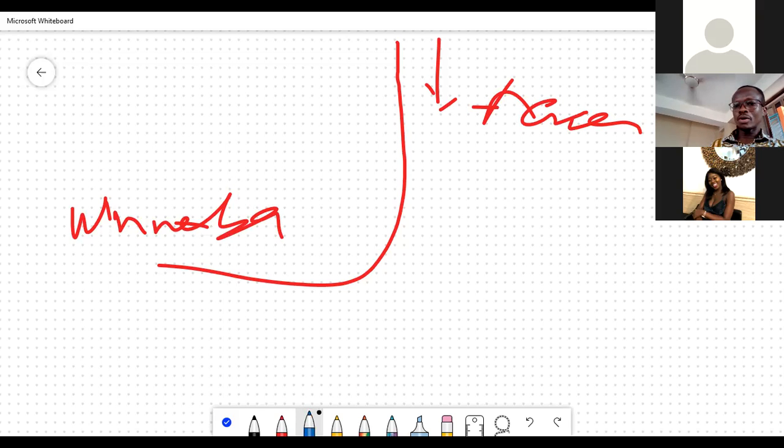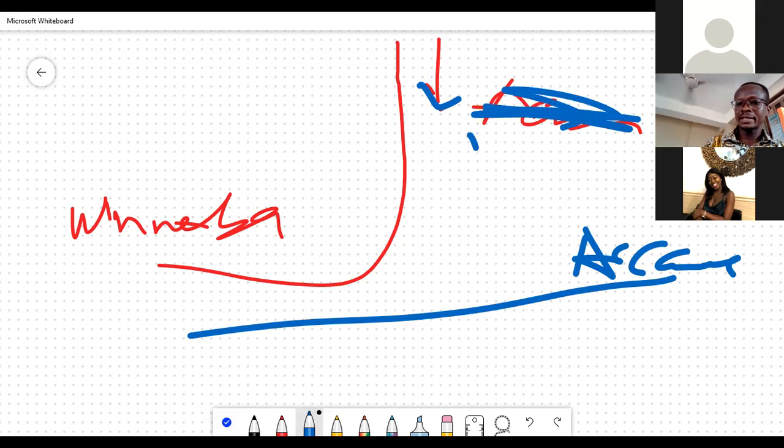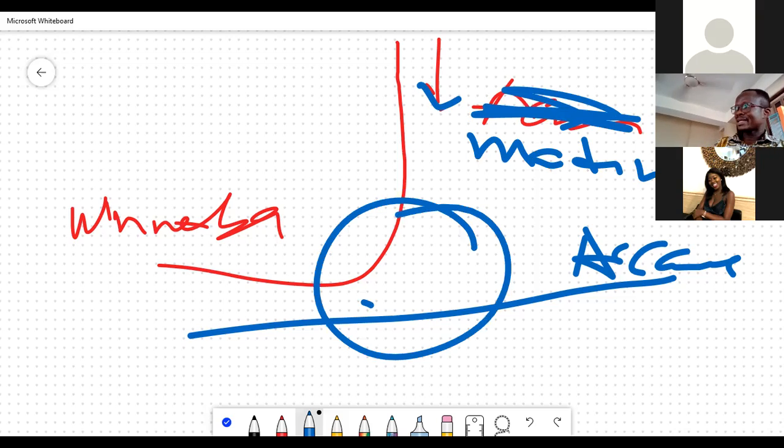There's no interaction between those coming from Accra and those coming from Medina. Those coming from Accra actually come this way. And those from Medina are actually from here. They never have any interaction at the junction.